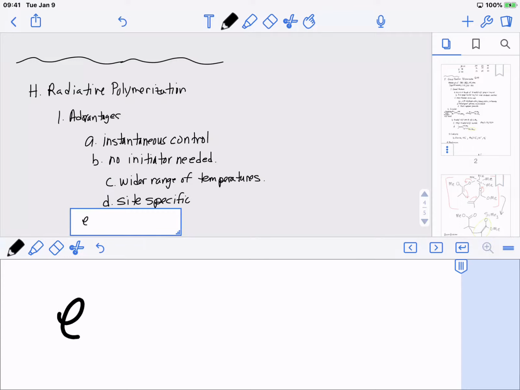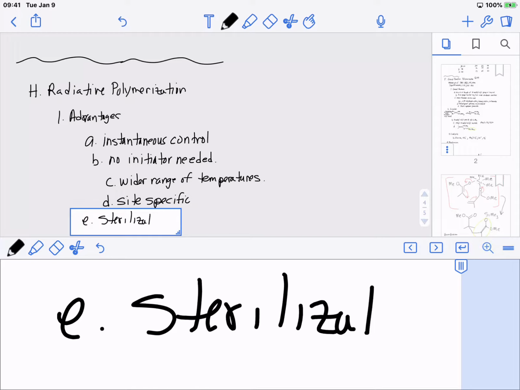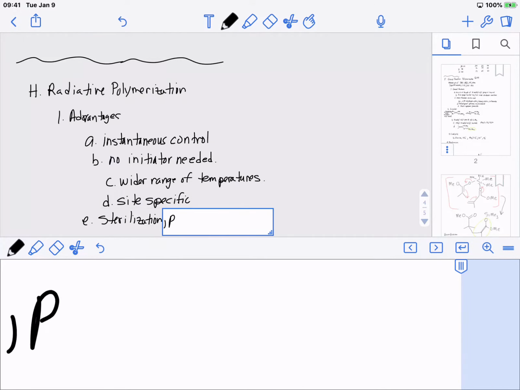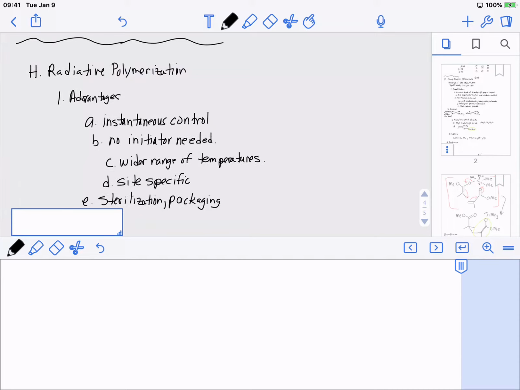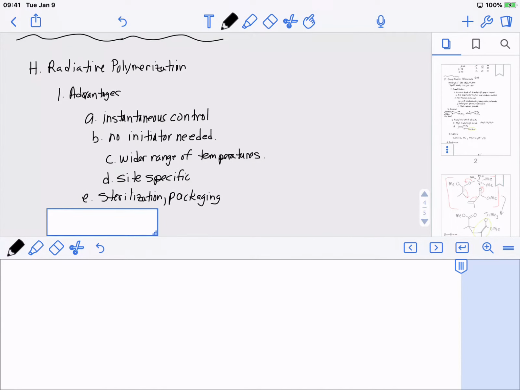You can also use this stuff for sterilization. And packaging. So it has some real advantages.